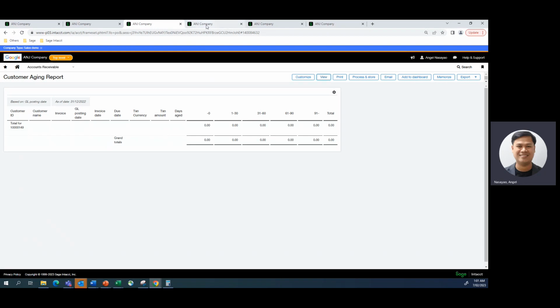To avoid any discrepancy between your customer aging report and the AR ledger, just to summarize: to avoid these situations with the credit memo, ensure that the credit memo is dated on or before the payment dates as well.